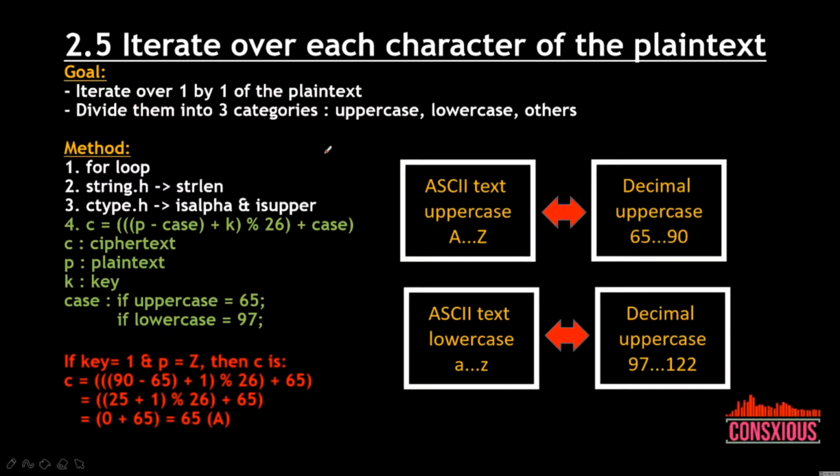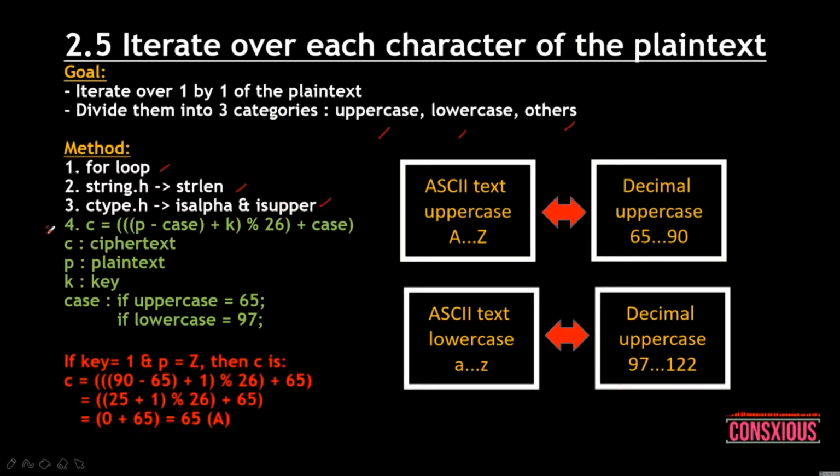So the goal here is to iterate one by one over the plaintext. We have divided into 3 categories: the uppercase, lowercase, and others, which are non-alphabet. The methods here will use for loop, string.h, strlen, and ctype.h, isalpha and isupper.